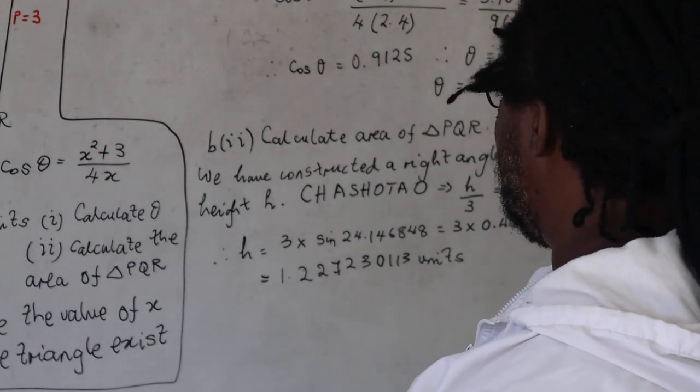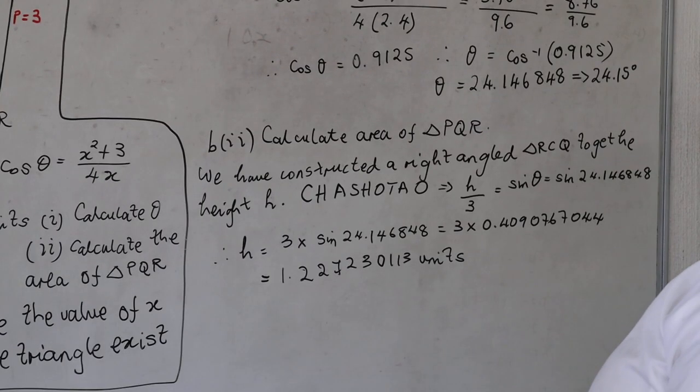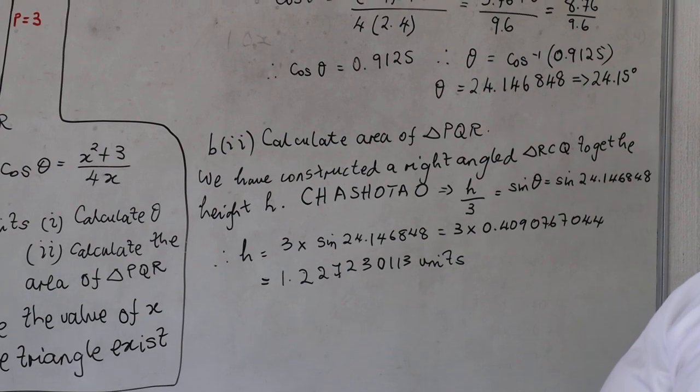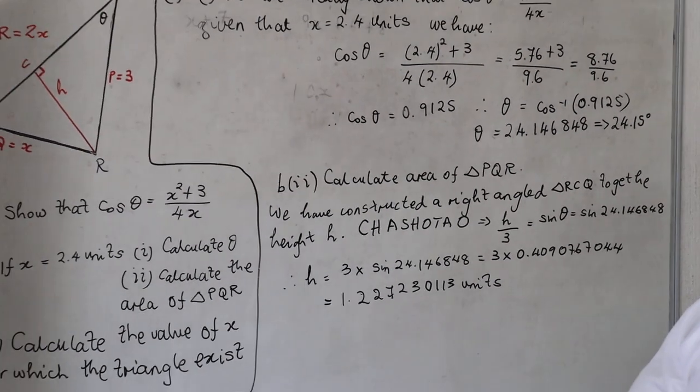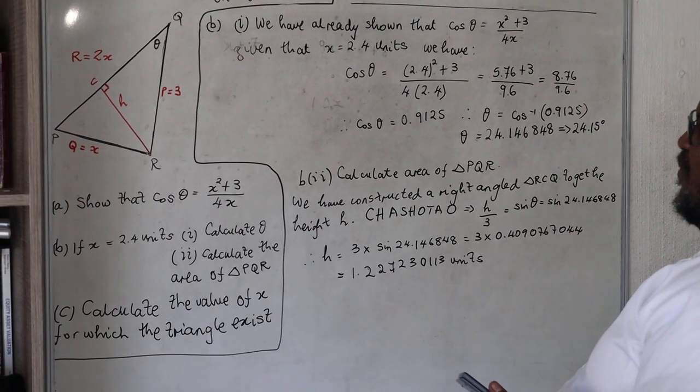So now we've got the value of our height, and our base is 2x, and we know that x has been given as 2.4.